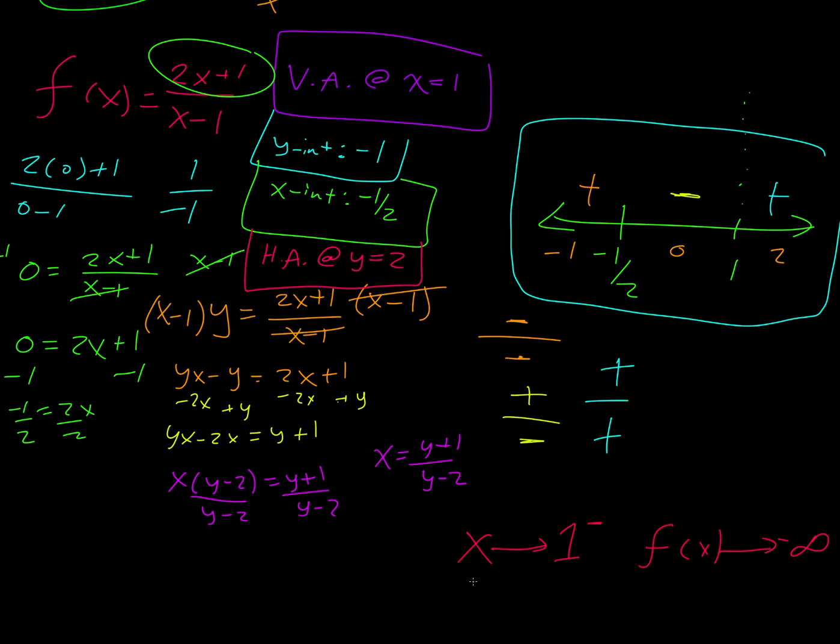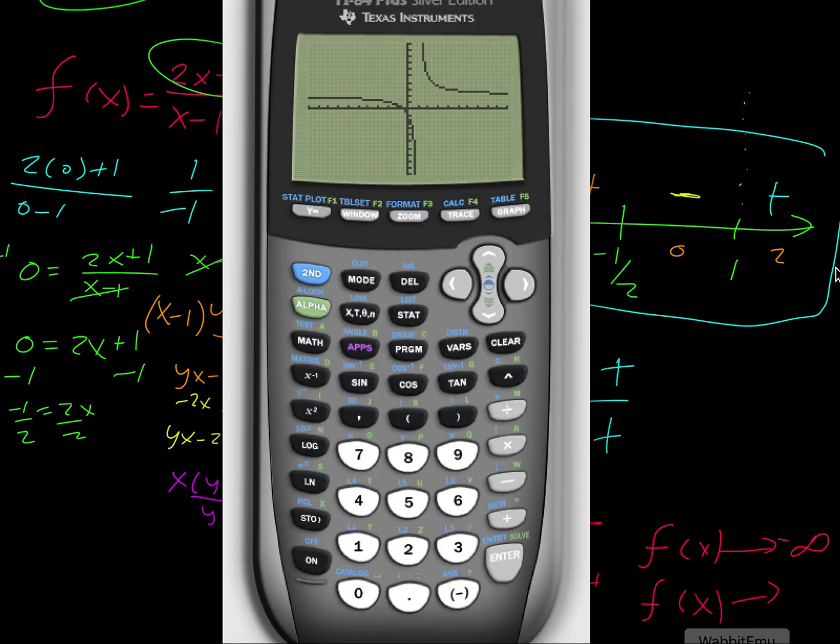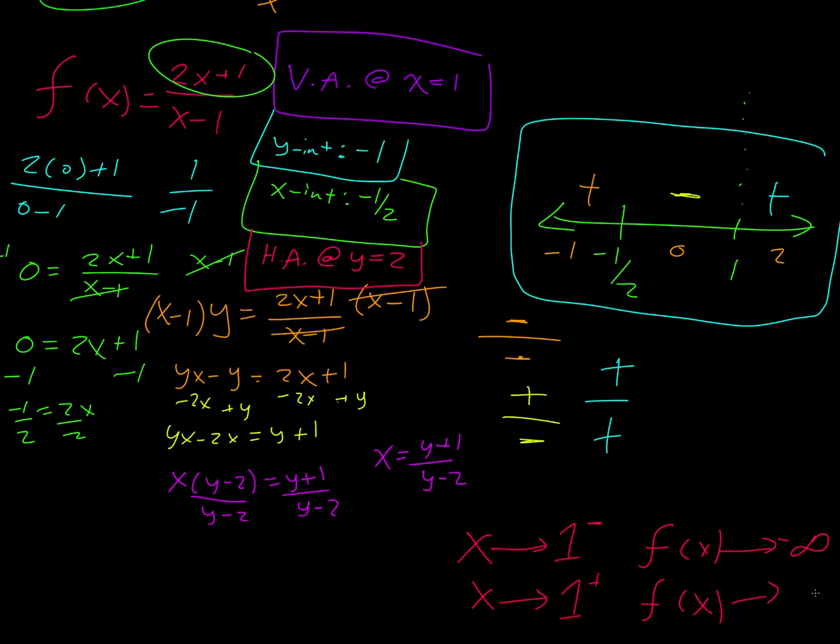Okay, now if we approach it from the other side, what do our y values do? So now if we come from this side, the positive side, if we approach, our y values start to increase. And so that's going to be positive infinity. Okay, now we're going to do the horizontal asymptote.